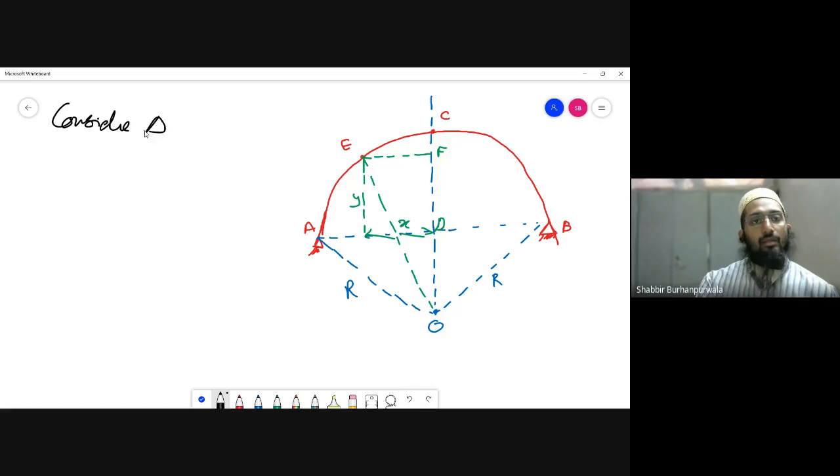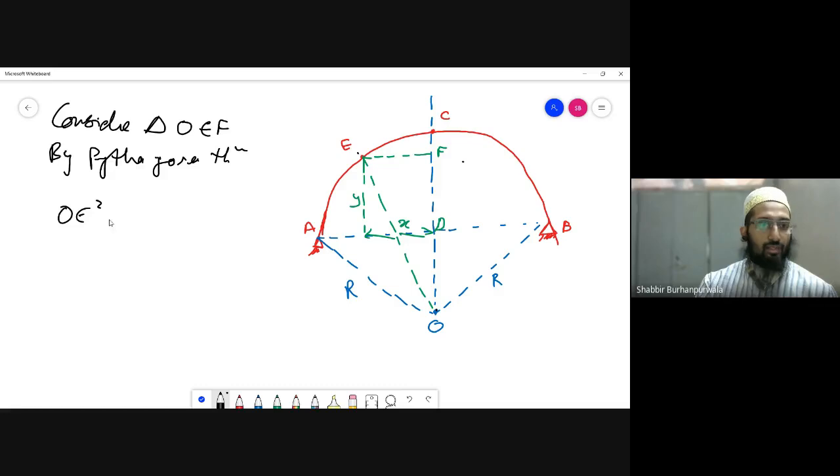Okay, so consider triangle OEF. We are talking about OEF. Okay, this triangle we are talking about. So for this particular triangle, by Pythagoras theorem, OE square is equals to OF square plus EF square.